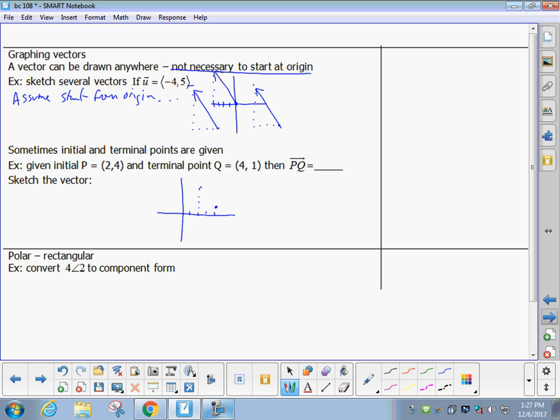That's a point in space. Here's P, here's Q. If I went from P to Q, then this here with direction is vector PQ, or you could also read it as P in the direction of Q.